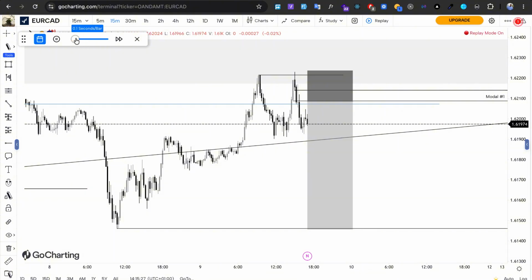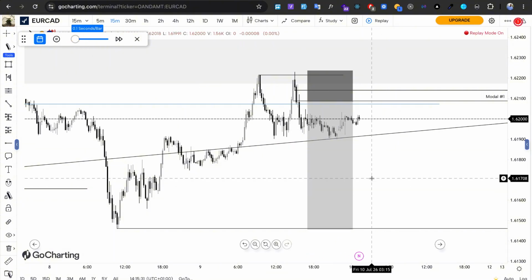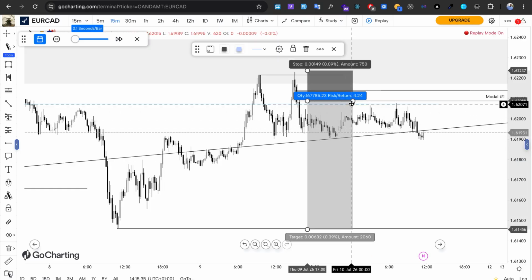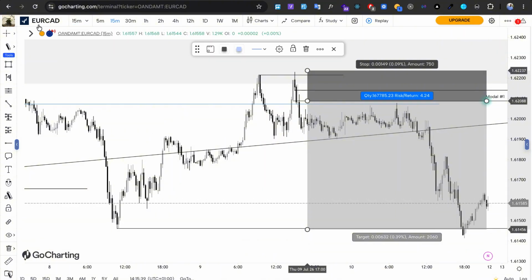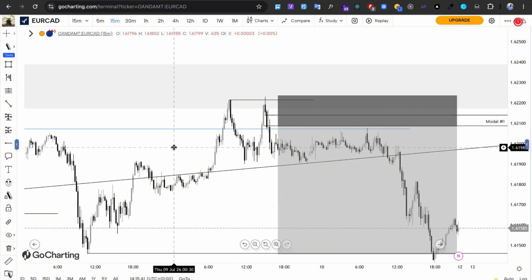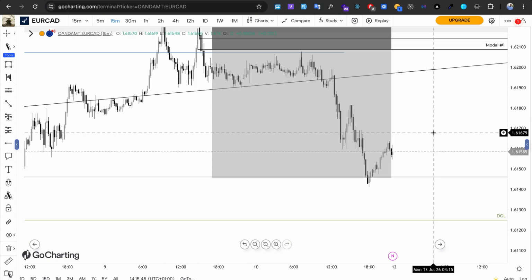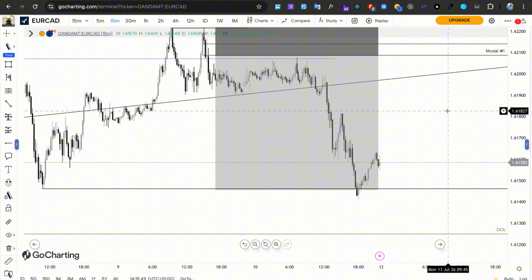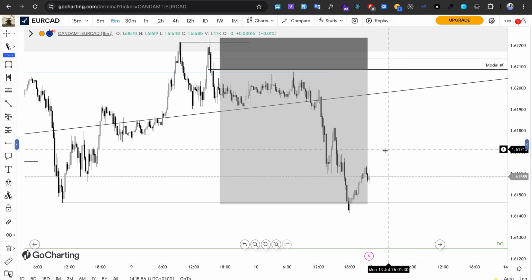Let me increase it here now so that it will not waste our time. Bam. So that is what happened. You understand? So my four RR is net, and this is where the price goes.